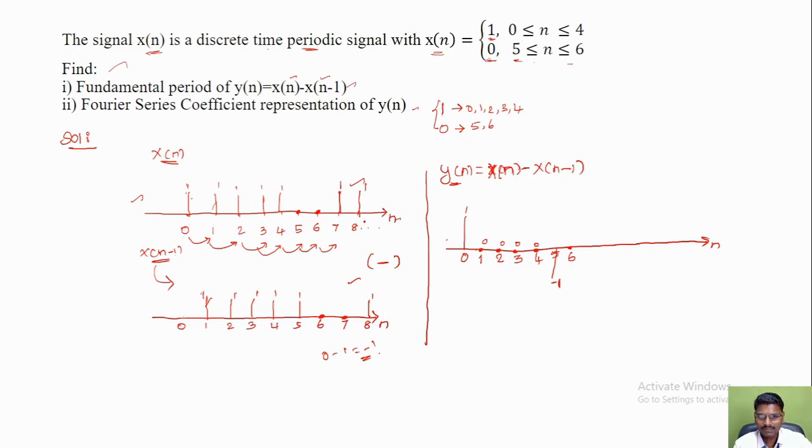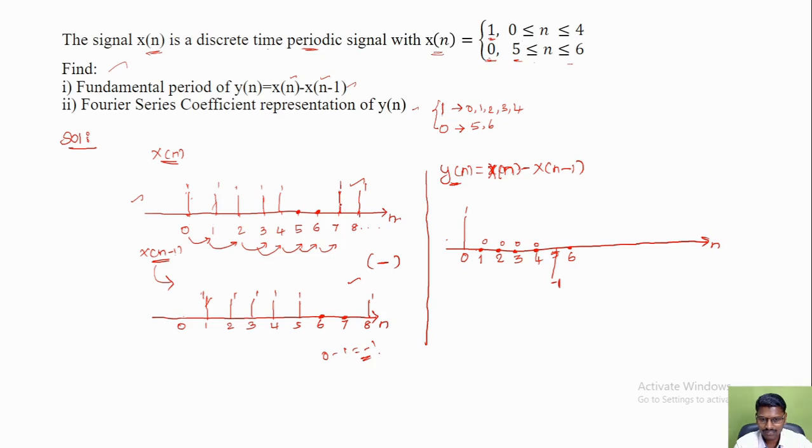The 7th sample and 8th sample values are 1 here, right? So if this is x of n, then for x of n minus 1 a unit delay will be added, so the 7th sample will move to the 8th sample, right? So the 6th sample of x of n and x of n minus 1 is 0 here.